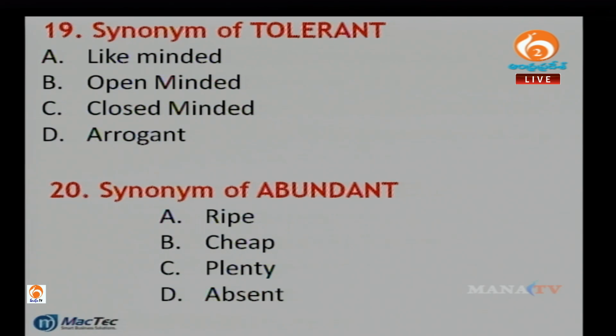Tolerant means you tolerate a different opinion. That means you are open-minded. So option B is the correct answer, open-minded. The last question for today, synonym of abundant. Abundant means a lot, plenty. So option C is the correct answer for synonym of abundant.